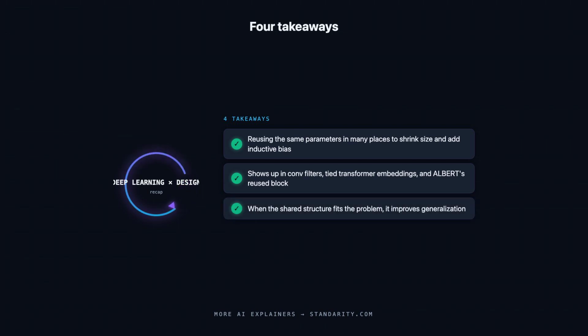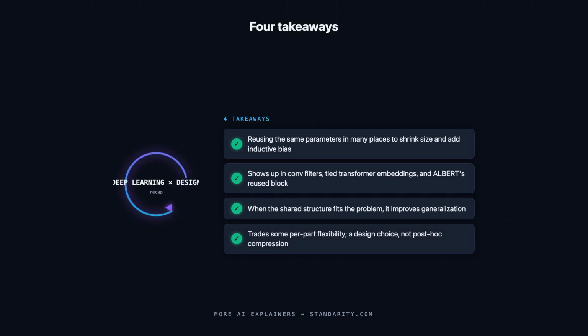When the shared structure matches the problem, it improves generalization as a form of built-in regularization, not merely saving memory. Its trade-off is reduced flexibility, since shared parts can't fully specialize, and it's a design-time choice rather than post-hoc compression like pruning.